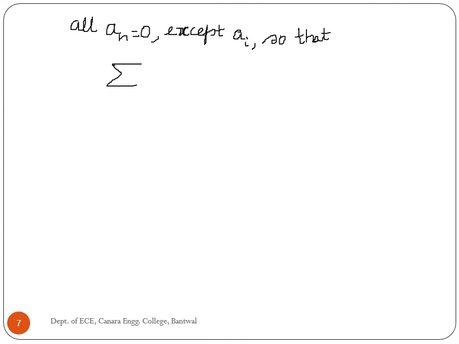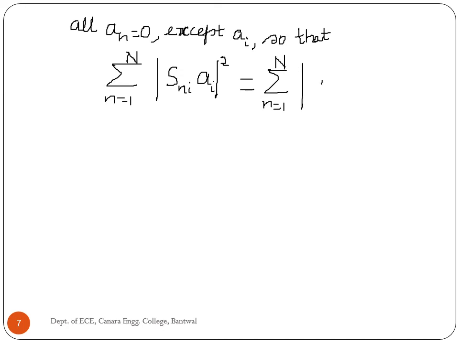summation n equal to 1 to n, with An equal to 0 for all ports except Ai, gives summation of Sni Ai squared equal to summation Ai squared.